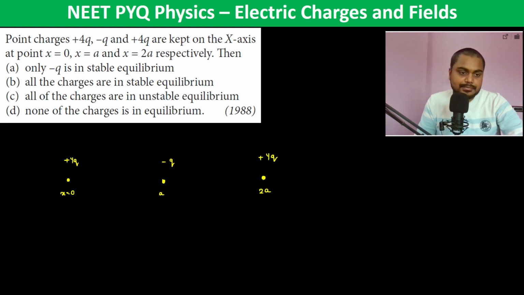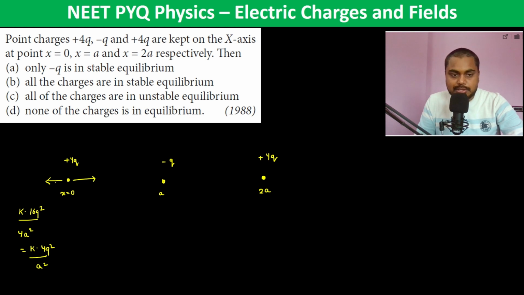ठीक है, कैसे? तो this is going to experience a repulsion in this direction by 4q, so it becomes k into 16q square divided by a square, sorry, 2a whole square, so this is 4a square, so this is k into 4q square by a square.